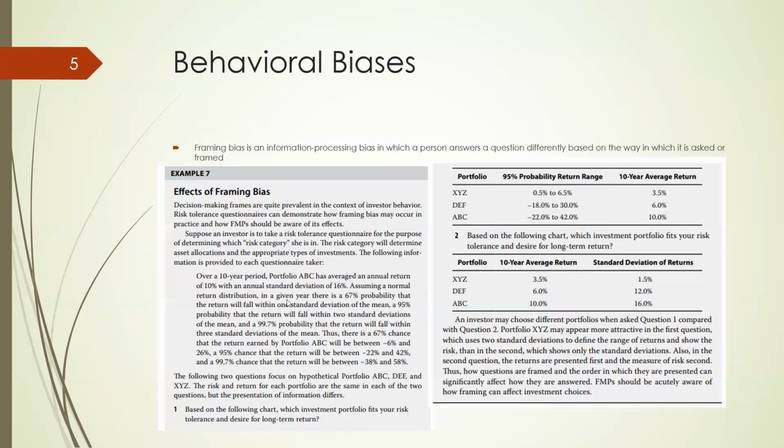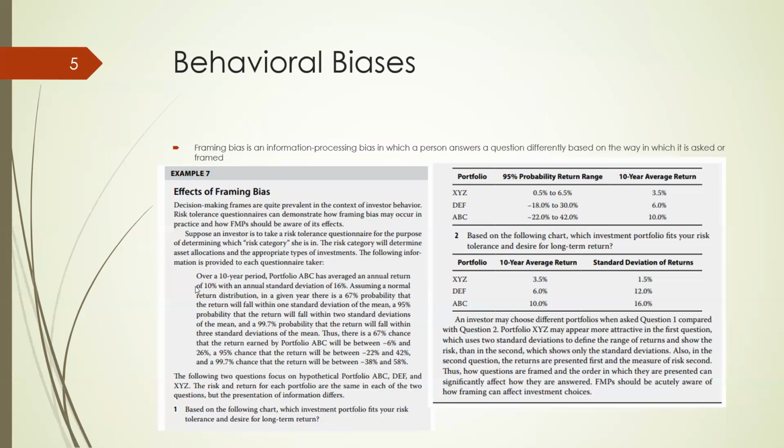Assuming a normal return distribution in a given year, there is a 67% probability that the return will fall within one standard deviation of the mean, 95% probability for two standard deviations, and 99.7% for three standard deviations. Thus, there is a 67% chance the return can be mean plus 1 sigma or mean minus 1 sigma.